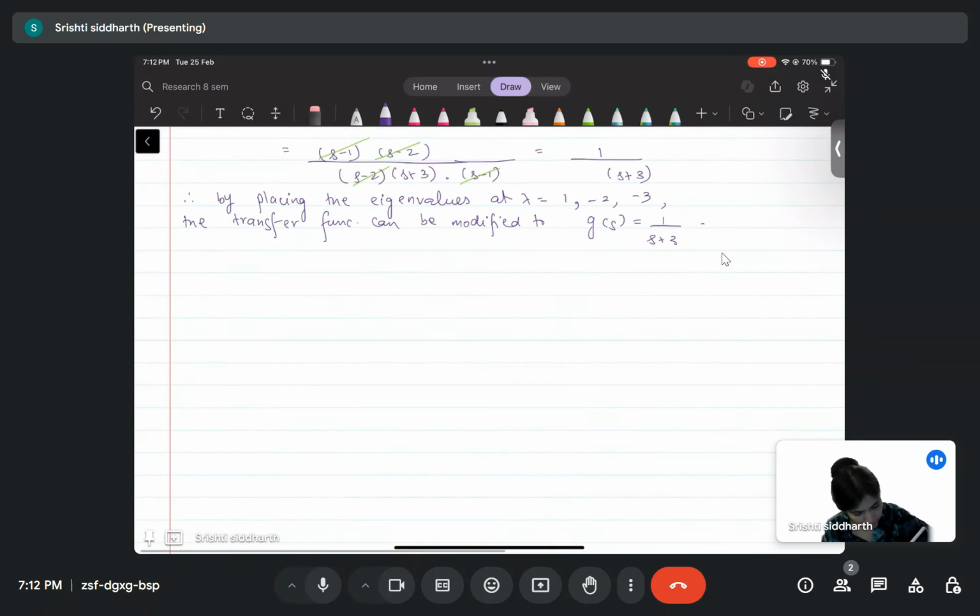And since one of the eigenvalues is positive, this implies that the system is not asymptotically stable.